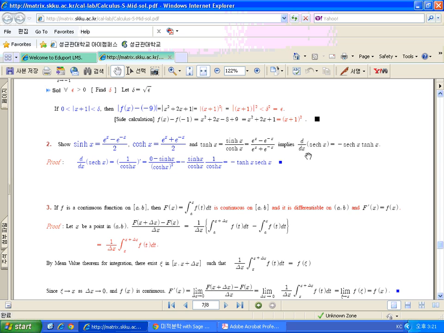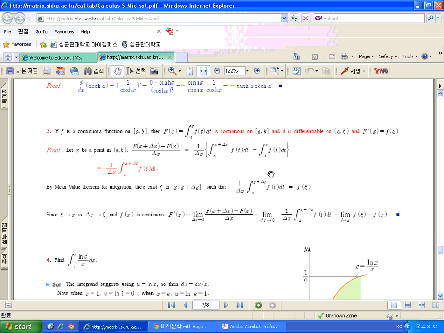And here, I wanted you to find the derivative of hyperbolic secant x, and this given information can be easily used to draw the given equations. And then if f is a continuous function, then F of x is continuous and differentiable, and F prime of x is equal to f of x.